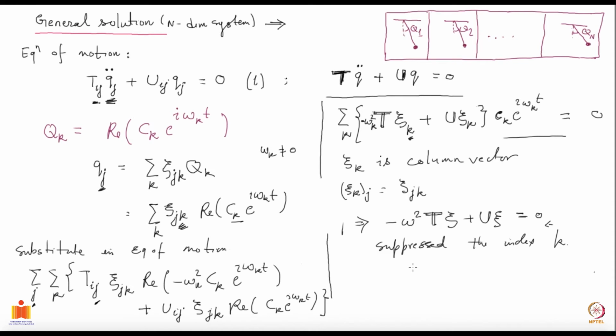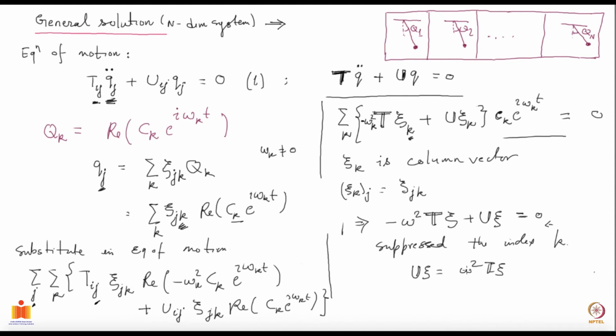You can write it as u of xi equals omega square t xi. This is called a generalized eigenvalue problem. The normal eigenvalue problem would be like u of xi is equal to some constant times xi.